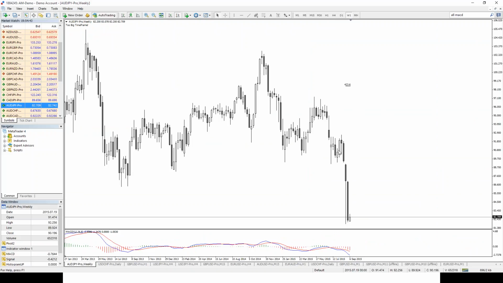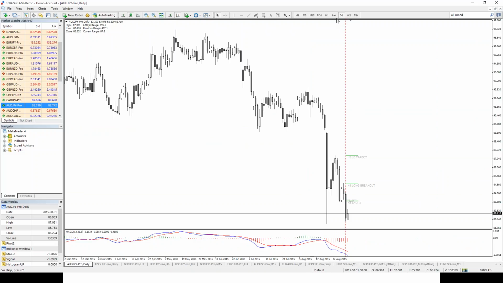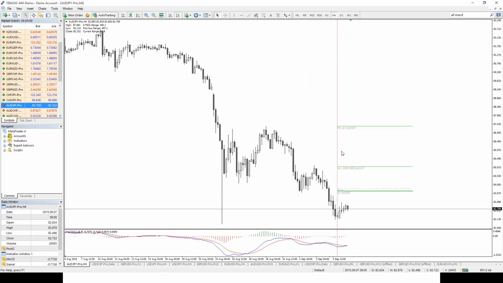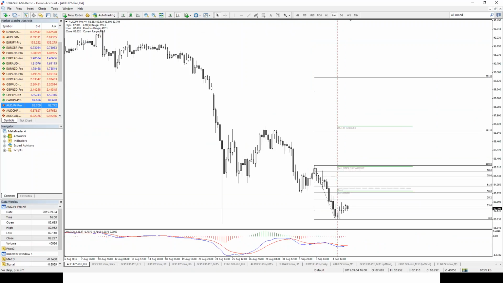Big downtrend on Australian dollar yen on weekly, on daily. The 4-hour is retracing, so you want to get into retracement. Fast analysis, okay? This is not the full analysis, how I do it every day, but fast analysis tells us that 83.66 to 70.80 can be used for short trades.